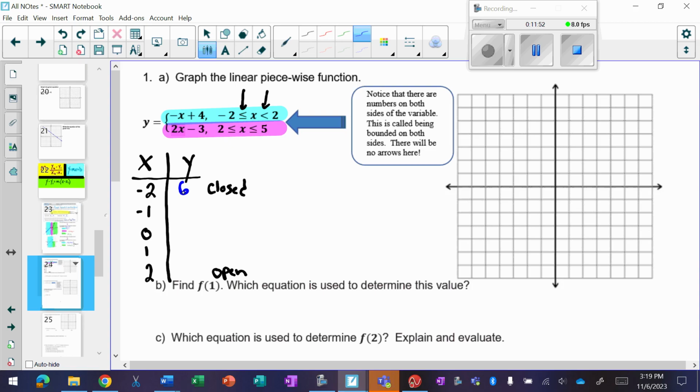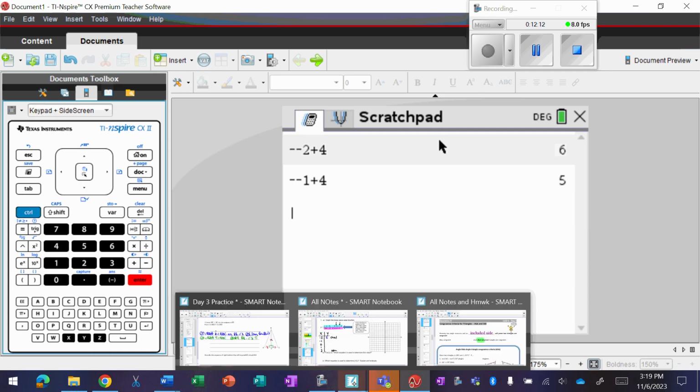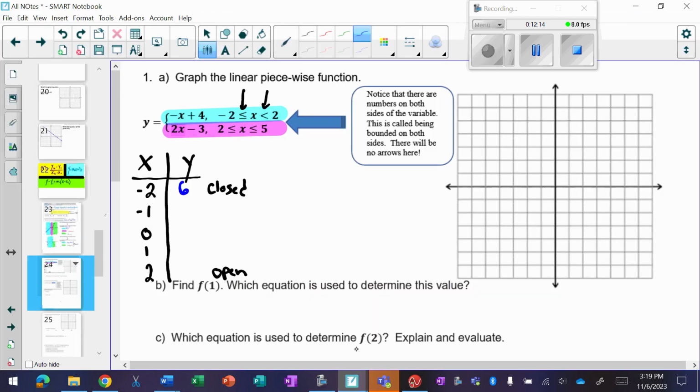Now I do the same calculation, only instead of plugging in negative 2, I'm going to plug in negative 1. So back over to my calculator. I have a negative x, and then plus 4. And that goes to 5. All right, well, that's pretty easy. So now I write 5 here.